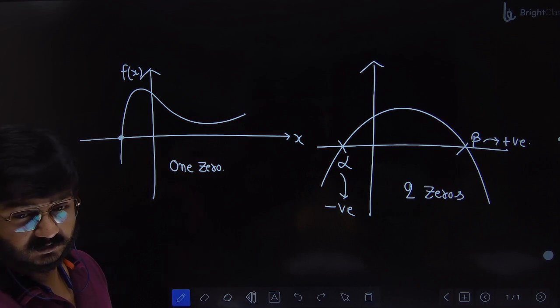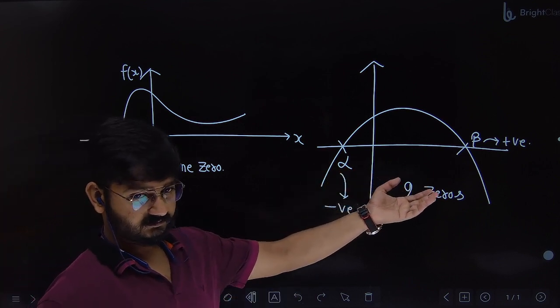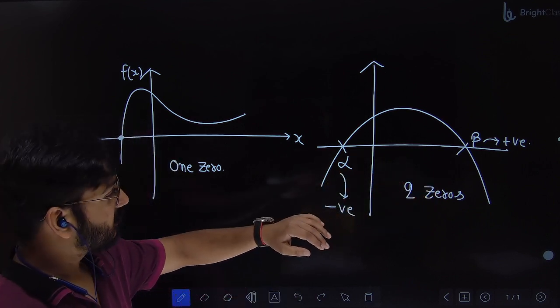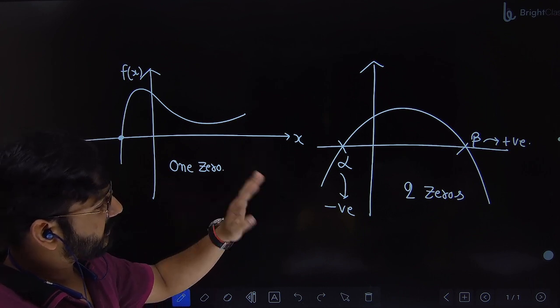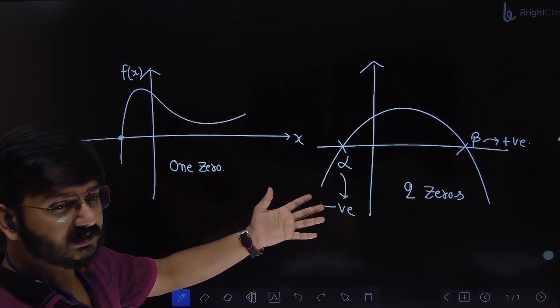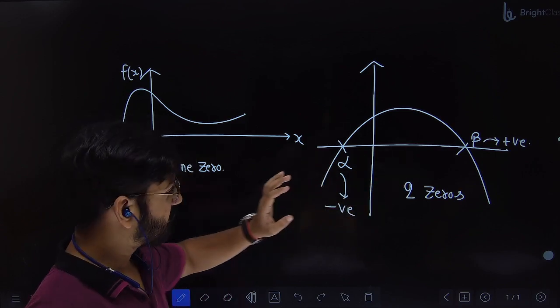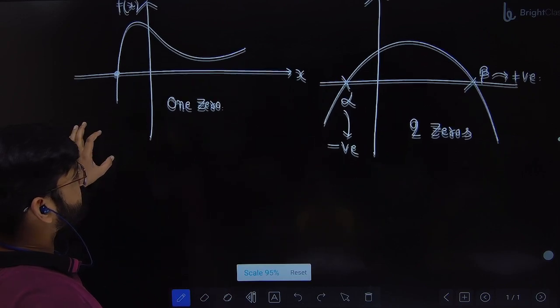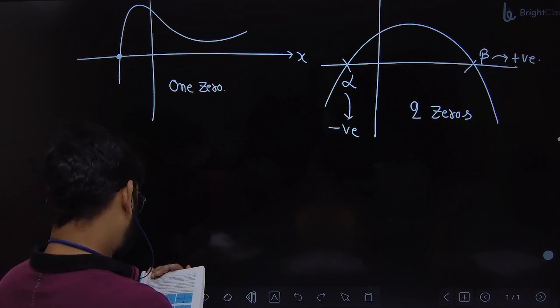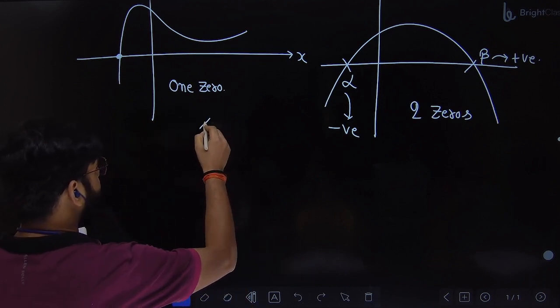Yeah? Not always, only for this graph. It's not that one has to be positive, one has to be negative. It can be anything. In this graph, you can see that this is negative, this is positive. Next graph.